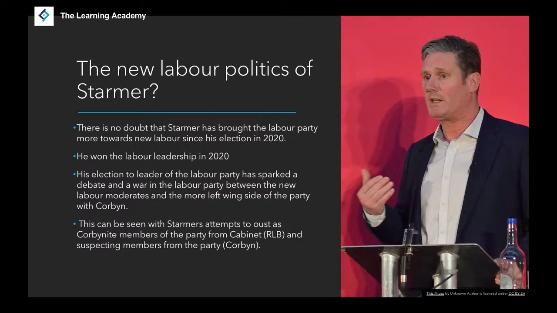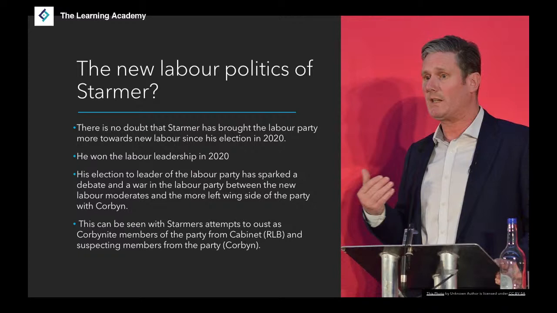That's what we got when we got rid of Rebecca Long Bailey, who's clearly an old Labour Corbynite member of the party, and then we also obviously have the suspension of Jeremy Corbyn himself.